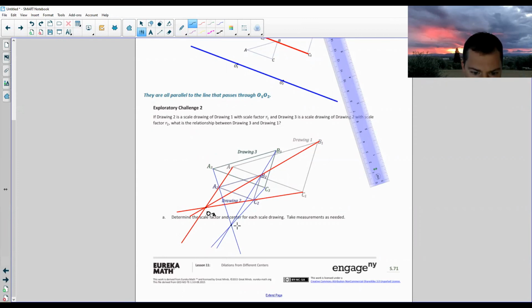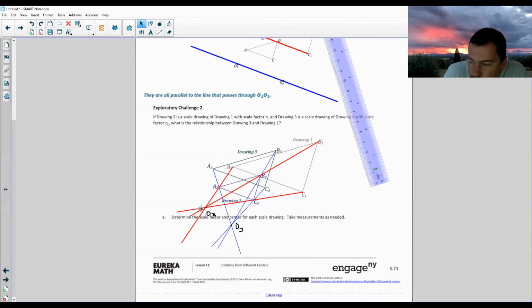And I'll call that O3. Okay, B2, B1, there we go. So they do all cross right there.